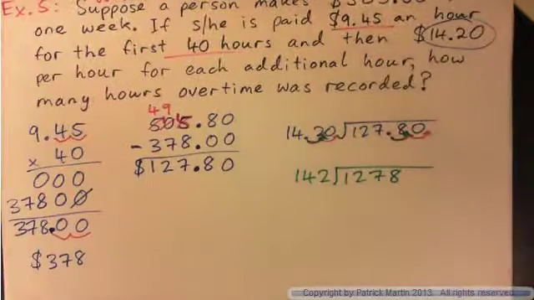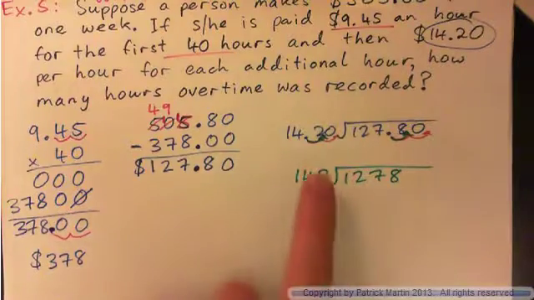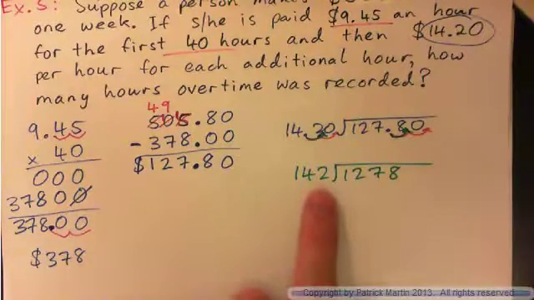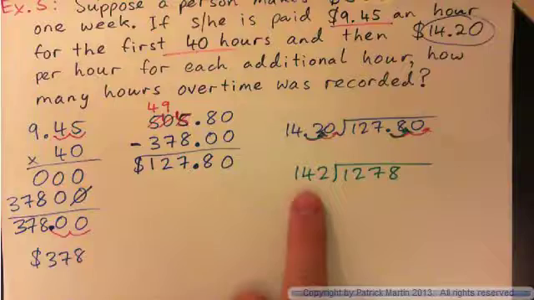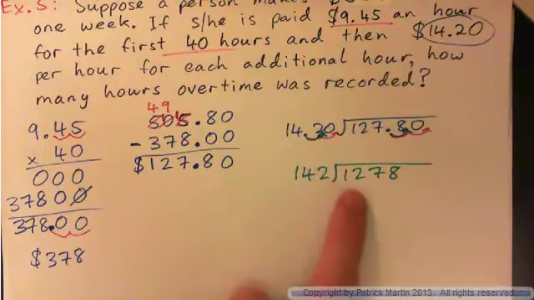Alright, let me see. Take a guess. Well, 10 of these would be 1,400, wouldn't it? About. This times 10 would be 1,400. This is 1,200.